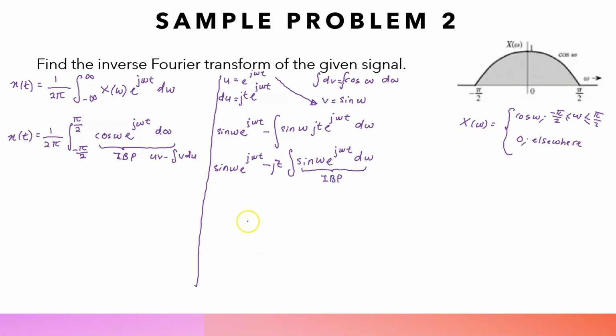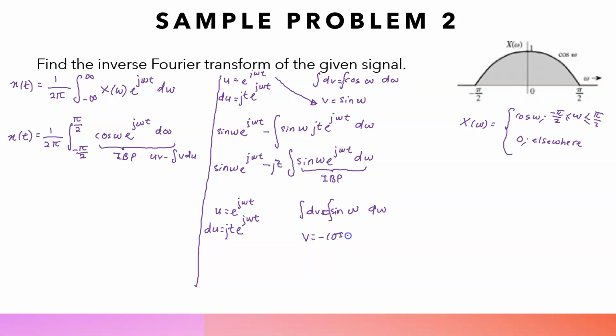But this time I will choose u = e^{jωt}, and my dv will be sine omega dω. If I differentiate u again, I will get jt e^{jωt}, and if I integrate dv, I will get v.